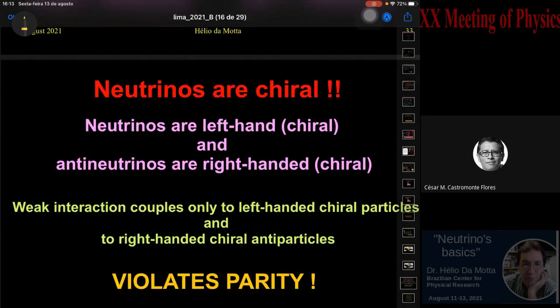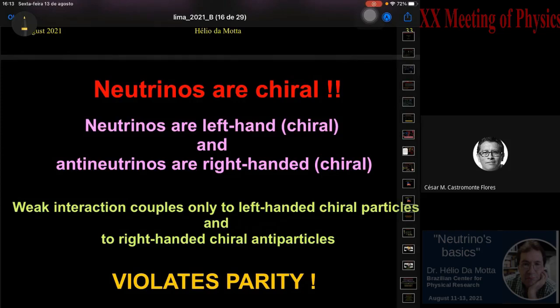And so, to make things worse, the weak interaction is also distinct. We only have left-handed neutrinos, and the weak interaction is the same way. The weak interaction couples only to left-handed particles. So the neutrino is a left-handed particle, and it interacts with the weak interaction, through the W. And the electron, well, okay.